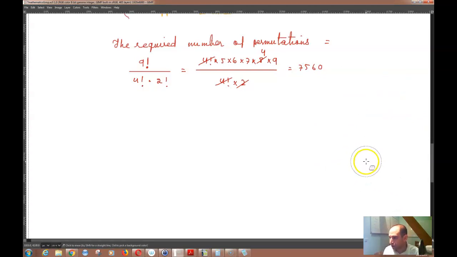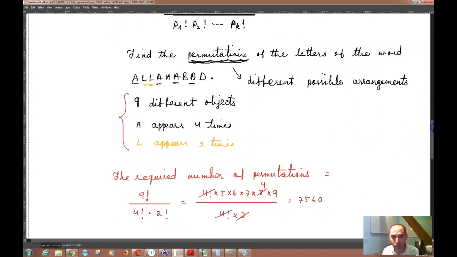So that's the required number of arrangements or permutations related to this situation, right?